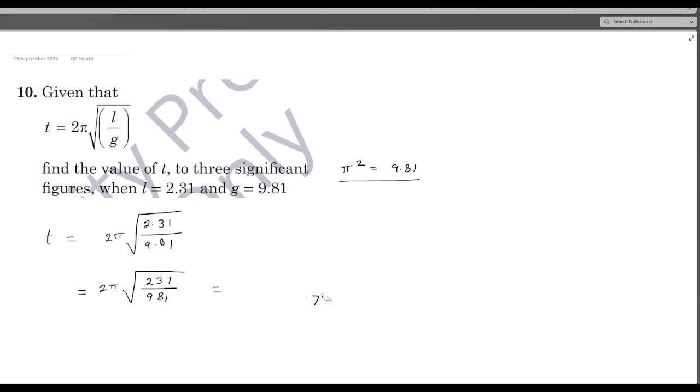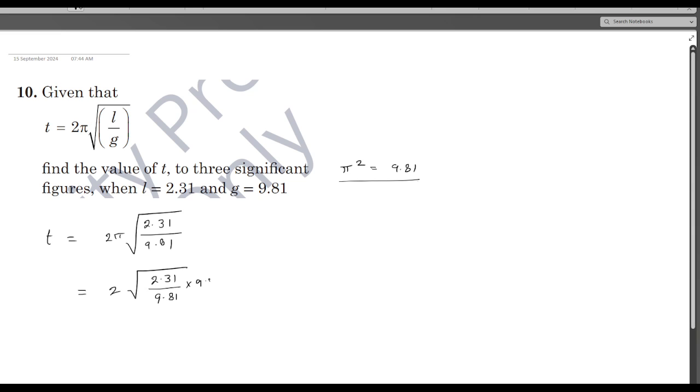So instead of doing like this, what we can do, we can move this pi inside, and this will become 2 times root of 2.31 divided by 9.81 times 9.81.